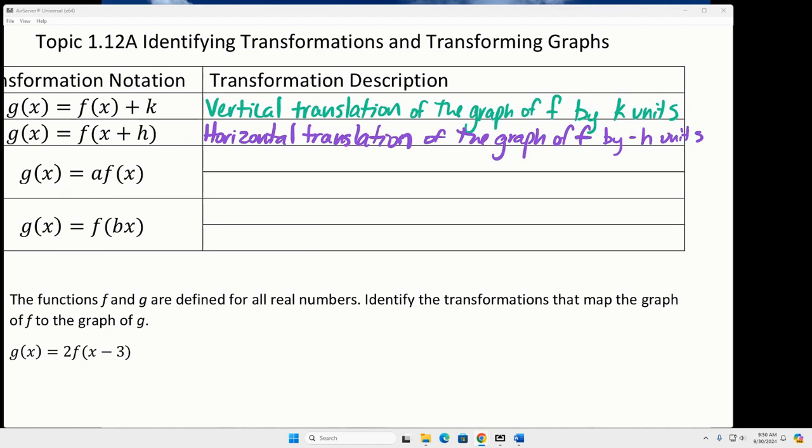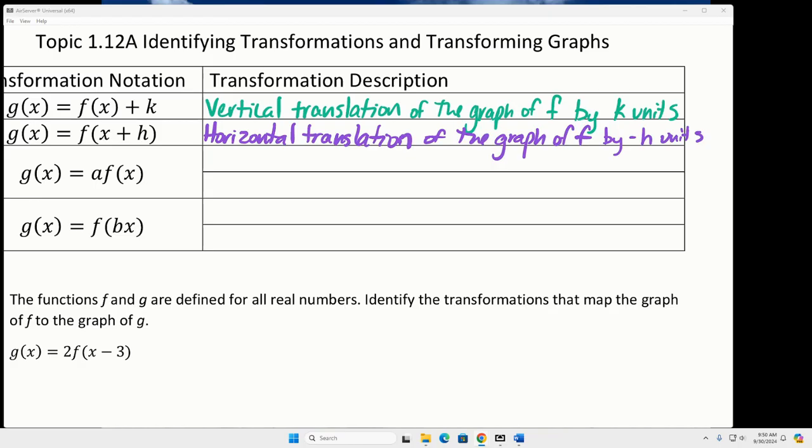All right. And then what about multiplying on the outside? Well, the negative flips it. We are going to say that. But if it's a positive that you're multiplying by, that was going to be a stretch or compression, but we are going to call it dilation. So if it's on the outside, is that going to dilate it vertically, make it taller or shorter? Or is it going to dilate it horizontally, make it wider or narrower?